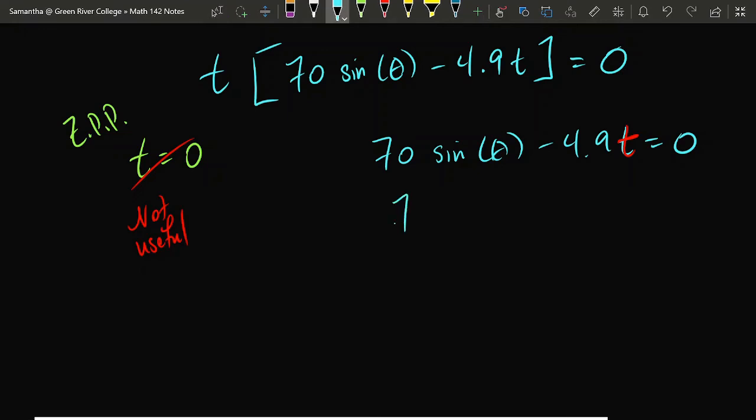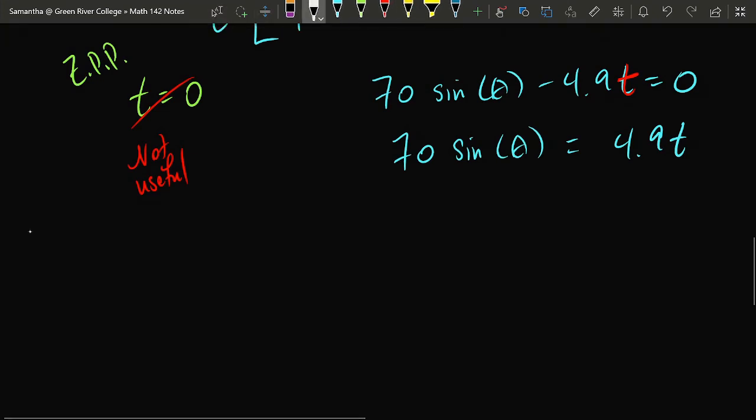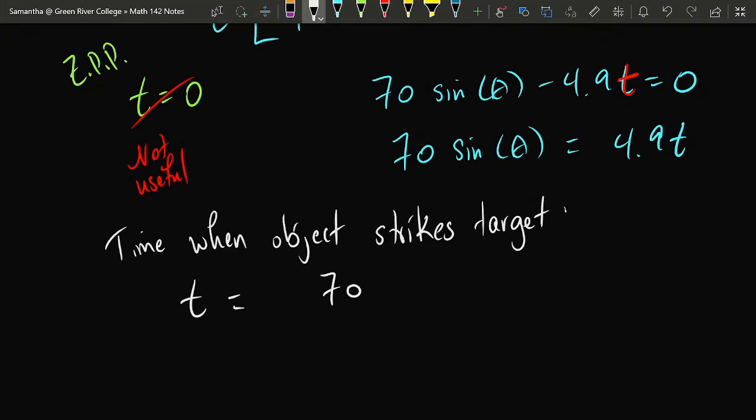So, for example, if I move that 4.9 t over to the other side and divide both sides by 4.9, I find that the time when the object hits the ground is 70 times sine of theta, this expression on the left, divided by that 4.9.